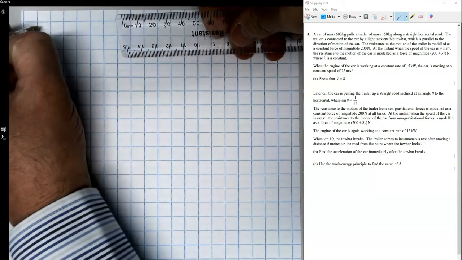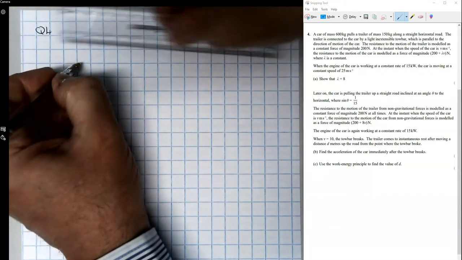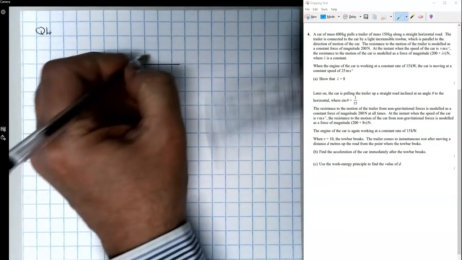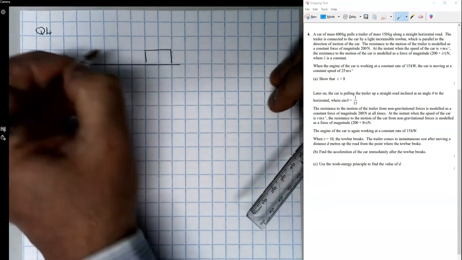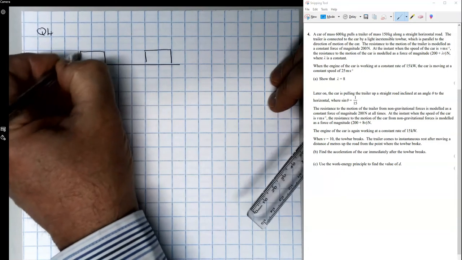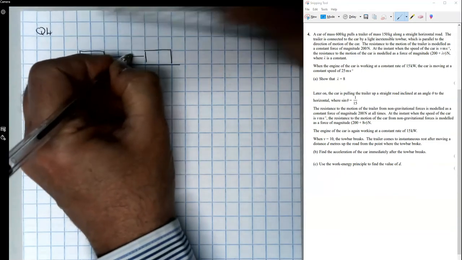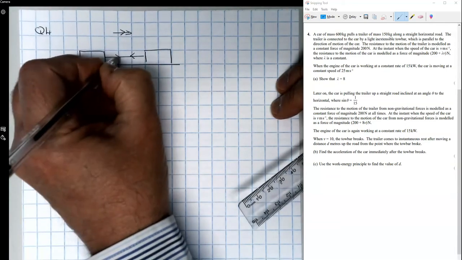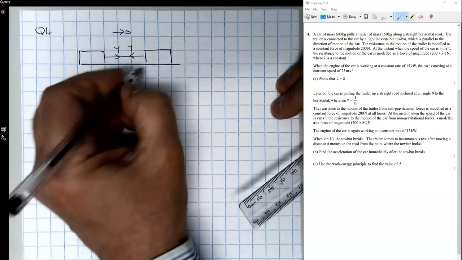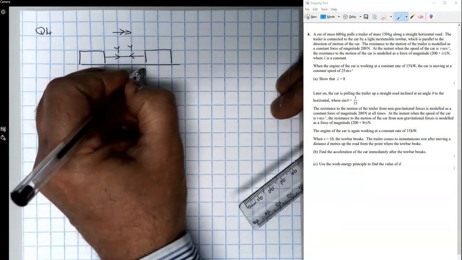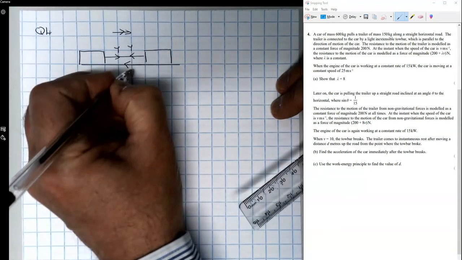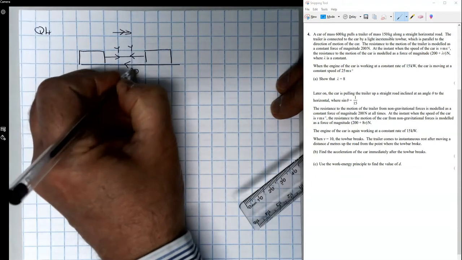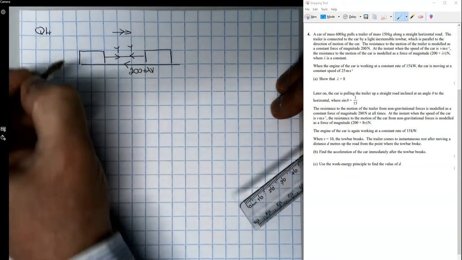Okay, question number 4. We've got a car and a trailer moving along a road, connected. There'll be tension if it's going this way, and tension there. We're told the resistance to motion of the car is 200 plus lambda v.